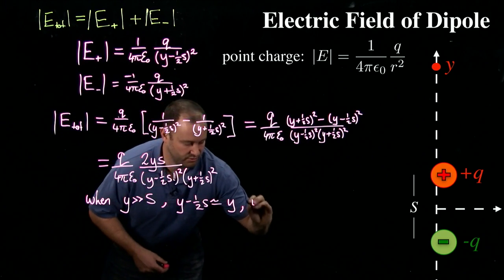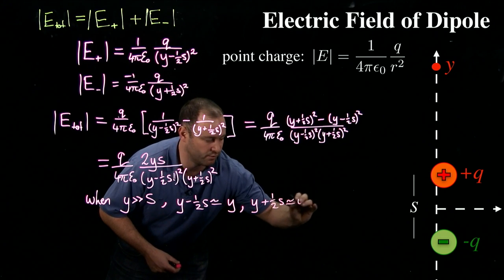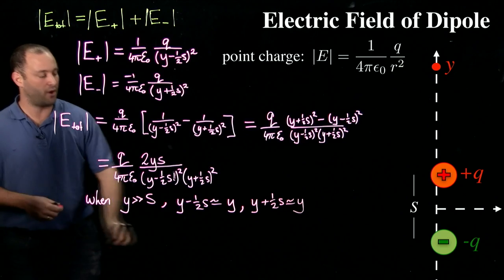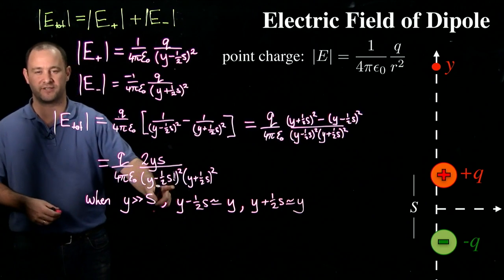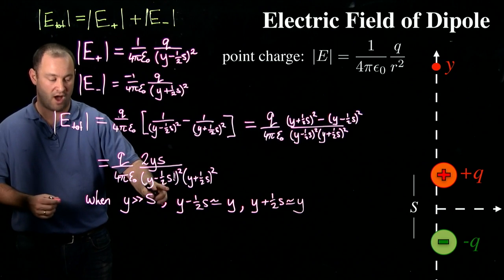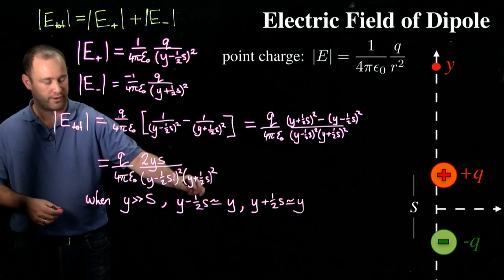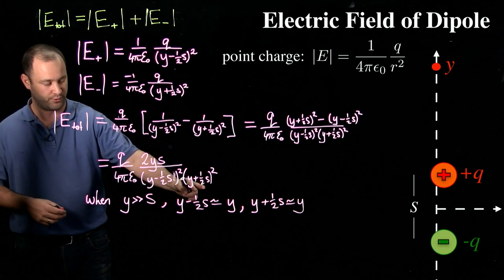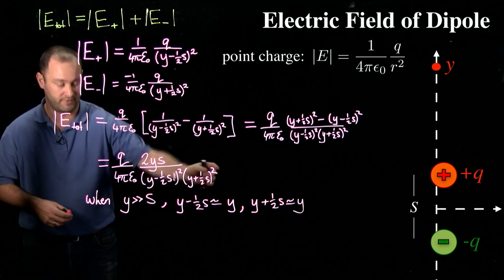Likewise, y plus a half S is approximately equal to y. And so this denominator, (y minus a half S) all squared, just becomes y all squared. Likewise, (y plus a half S) all squared simply becomes y all squared. So I've got y squared times y squared, which is y to the 4.